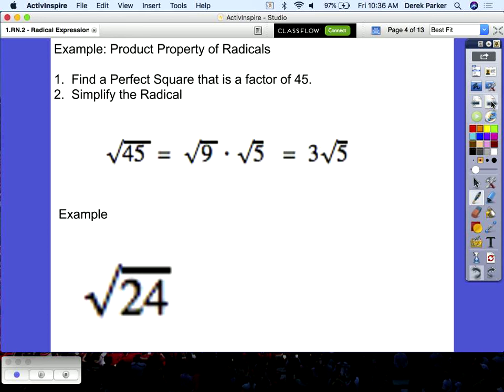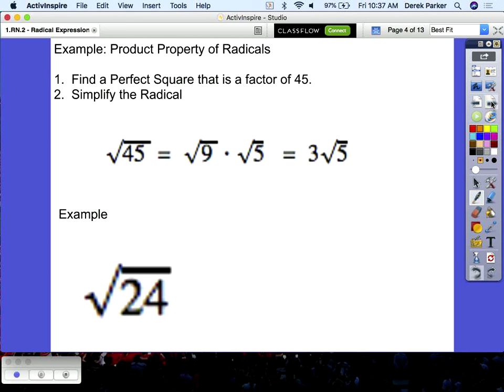And the reason I do that is because I can simplify 9, because 9 is a perfect square. So I rewrite it as the square root of 9 times the square root of 5. Now the square root of 9 is 3. I can simplify that. The square root of 5 is a prime number. I cannot simplify that anymore. So I leave it as 3 times the square root of 5.